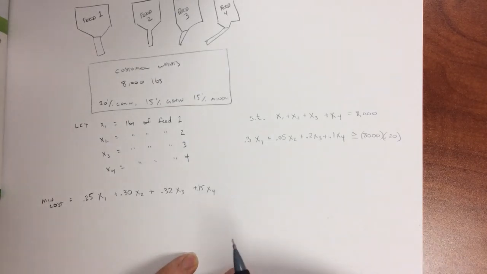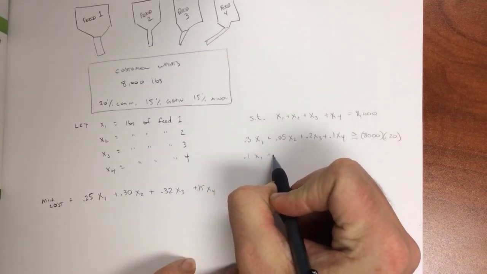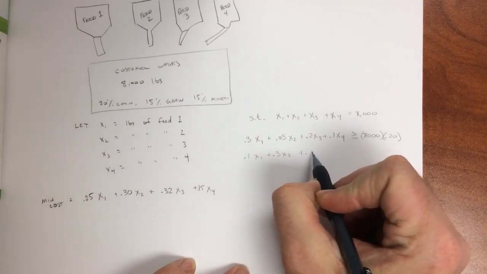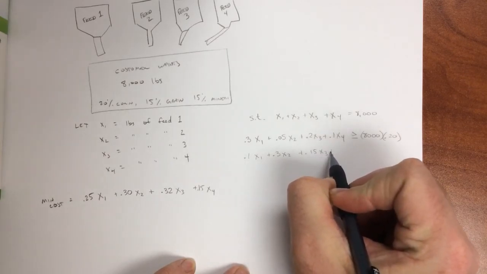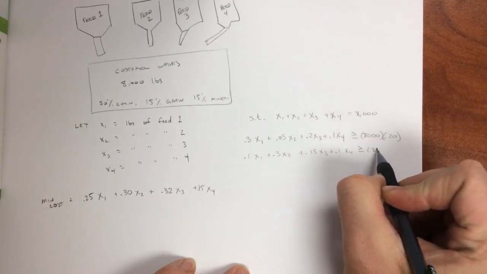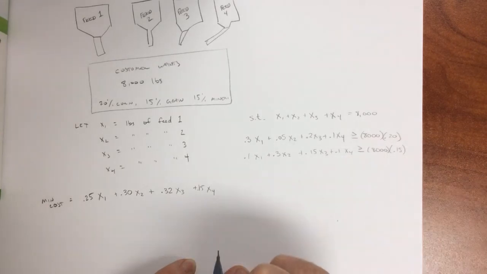Well, I need to use more poundage of each feed to be able to get to this requirement. The next is grains, and it's going to be very similar. 0.1 X1 plus 0.3 X2 plus 0.15 X3 plus 0.1 X4 is greater than or equal to 8,000 times 15%.